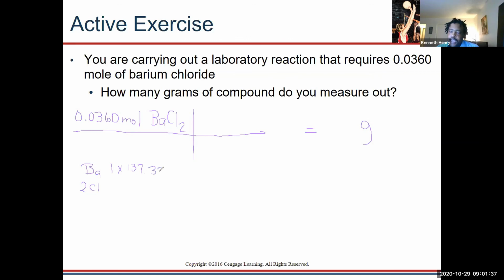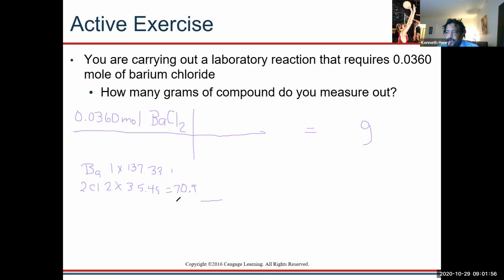And chlorine weighs 35.45, and we have 2 of them, so that's 70.9.